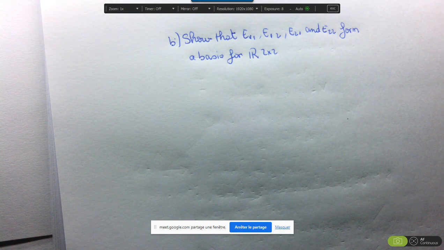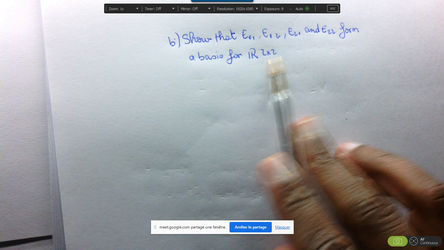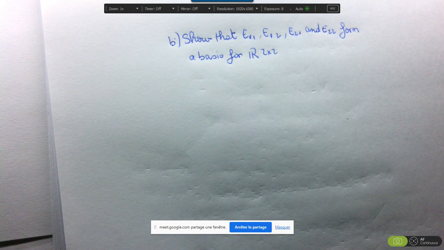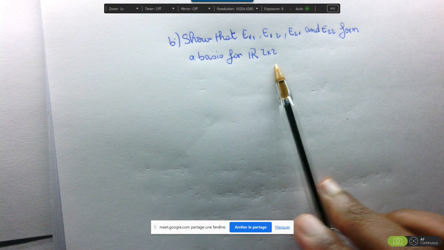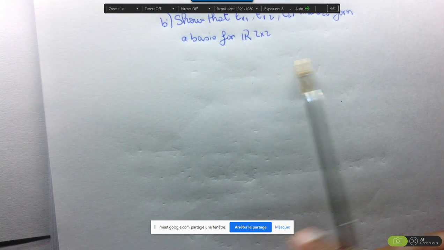So here what we can do is to consider an arbitrary matrix. You can select an arbitrary 2 by 2 matrix from this vector space, and then show that this arbitrary matrix spans the entire vector space.